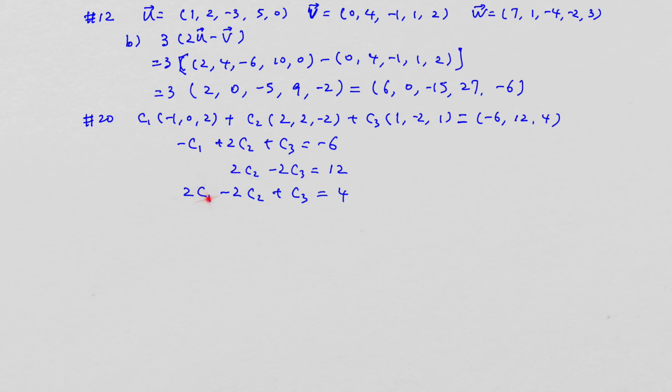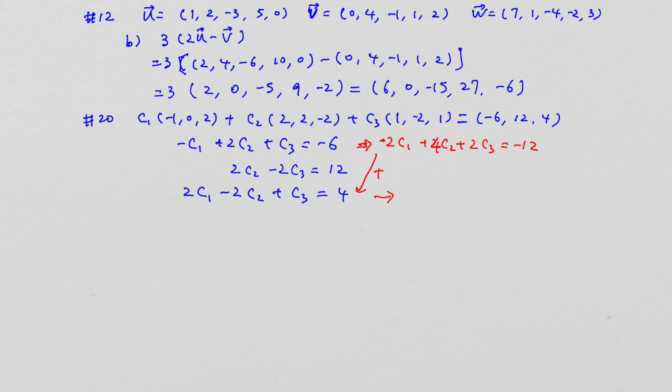So I took equation 1 times 2. So I have negative 2C1 plus 4C2, I'm sorry, 4C2, plus 2C3 equals negative 12. And then I add it to the third equation, and I will create a new equation.